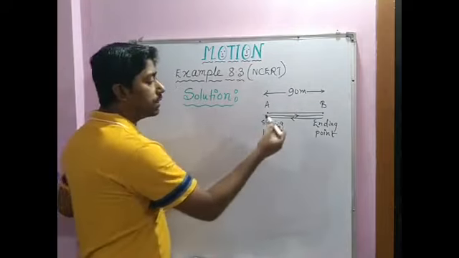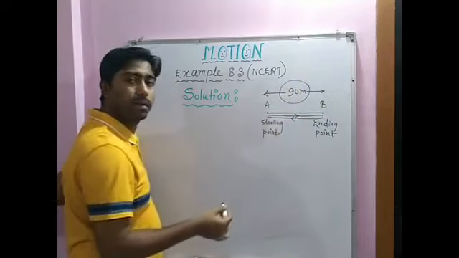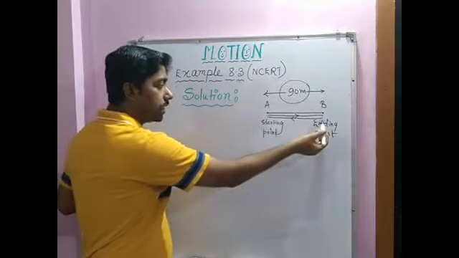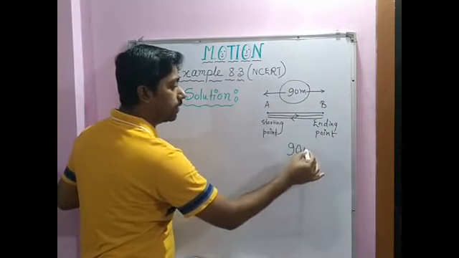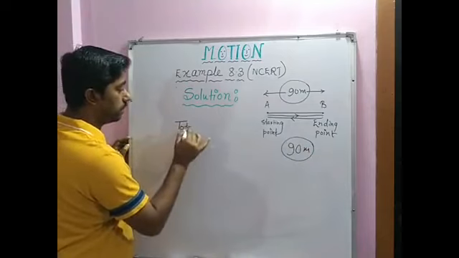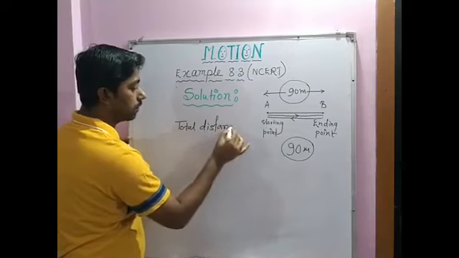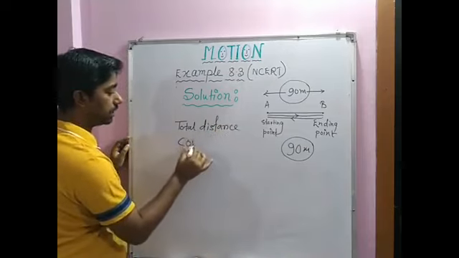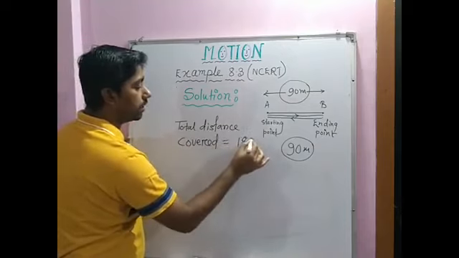So when she swims from A to B, she covers 90 meters. Again, when she comes back from B to A, she is again covering another 90 meters. So total distance covered is 180 meters, 90 plus 90.